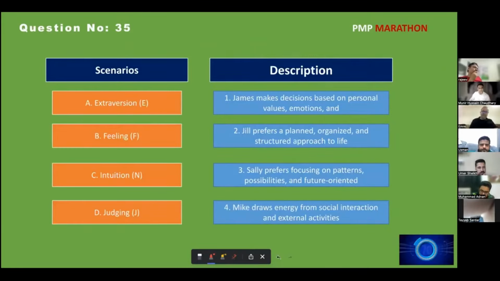We already solved one question on extrovert, introvert, intuition, judging. So we actually did the MBTI survey. Once you have done the MBTI survey, any question that comes like this, you can solve it.